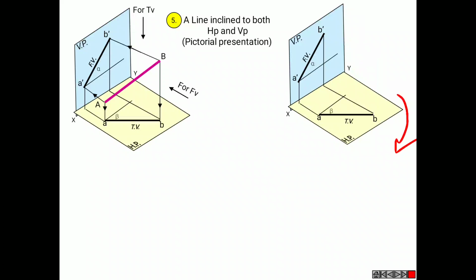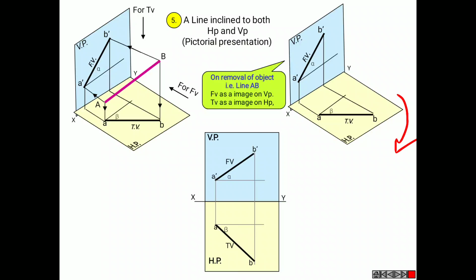So this will be your original one. On removing the object, the line AB, the front view has an image on VP, the top view has an image on HP, and when it is turned 90 degrees, it looks in this order.